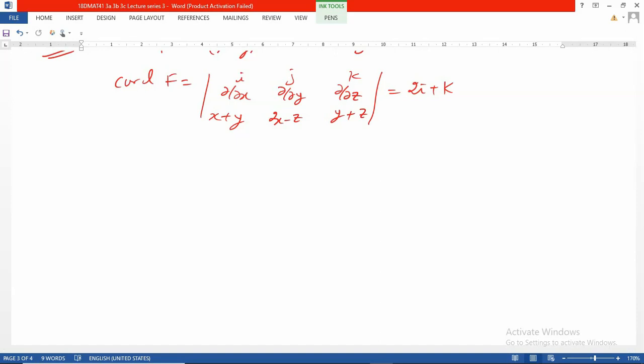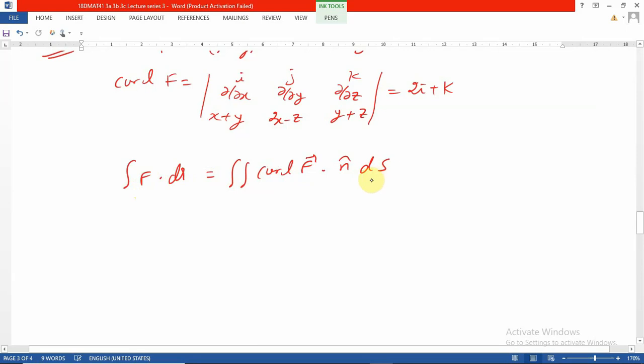Yes, what does Stokes theorem say? If you take any integration here, you will get the value as the integration of f dot dr will be equal to, yes friends, the double integration of curl f bar dot n cap ds.